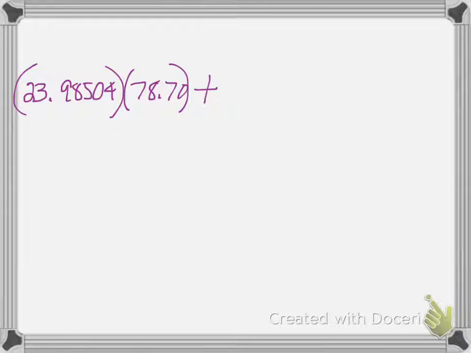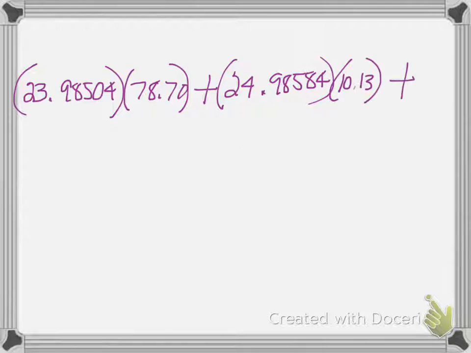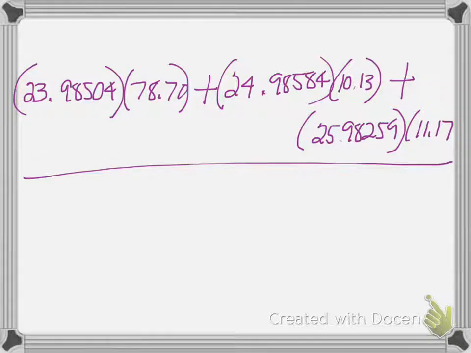So it's going to look like this: 23.98504 times its percentage, which is 78.70, plus 24.98584 times 10.13. If you don't have a calculator, grab one real quick. Plus, I'm running out of room, so I'm going to have to come down here, 25.98259 times 11.17. Then I'm going to take that whole thing and divide by 100.